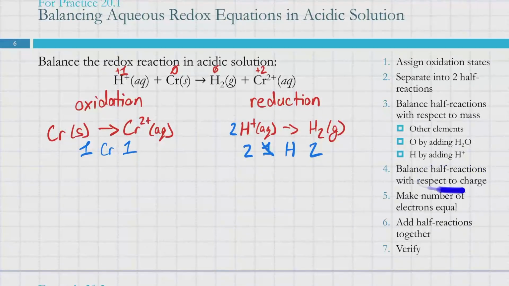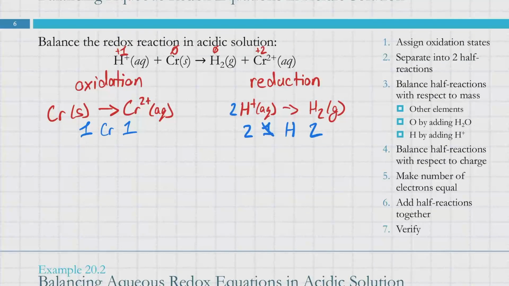We also need to balance them with respect to charge. So to balance them with respect to charge, we're going to look at the charge as I'm writing it in as a number. For chromium, Cr by itself, that's a 0. For our chromium 2+ ion, that's going to be a 2+.